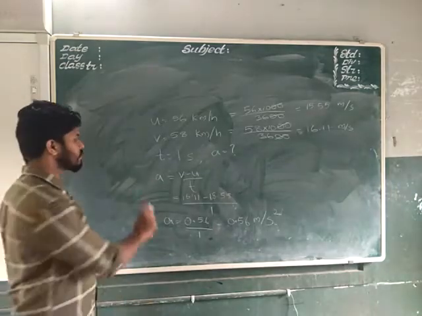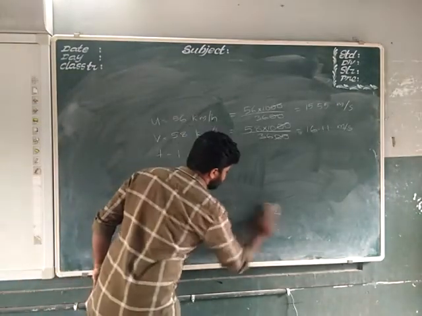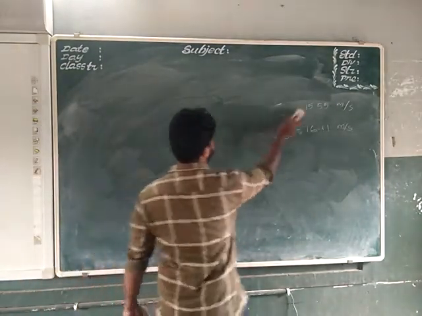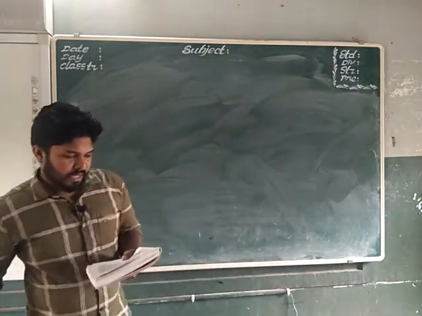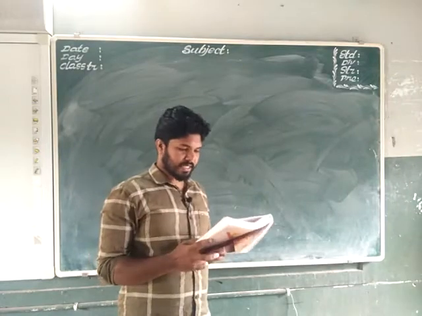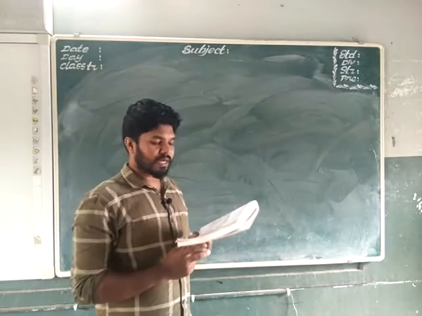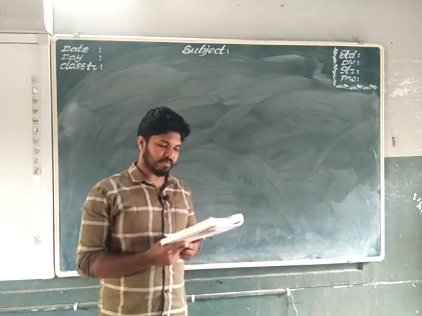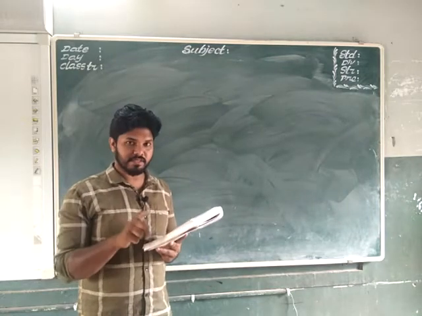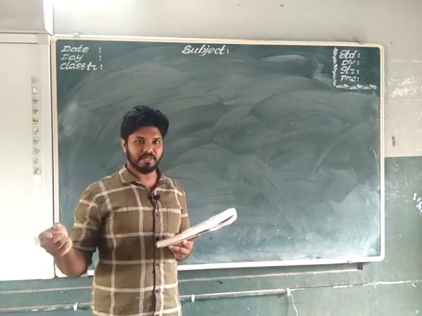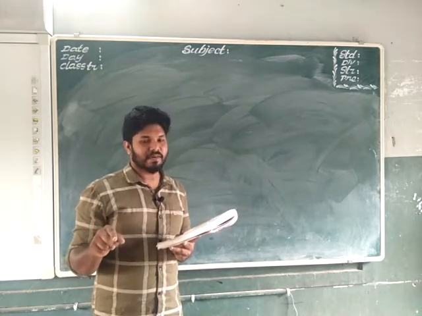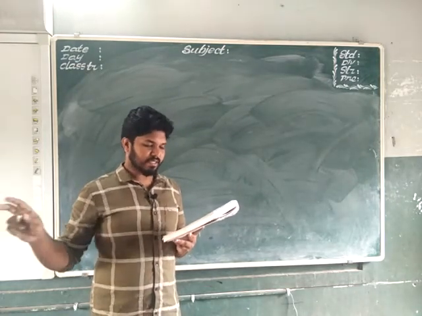Now moving to the second question. This question we have already done, isn't it? A scooter acquires a velocity of 36 km per hour in 10 seconds just after the start. Initial velocity is 0, final velocity is 36 km per hour, which equals 10 meter per second.